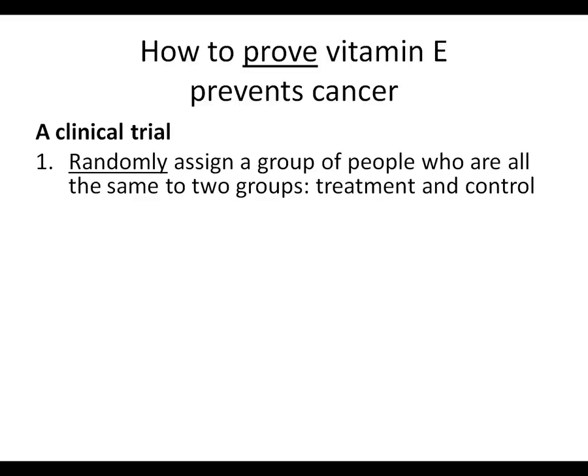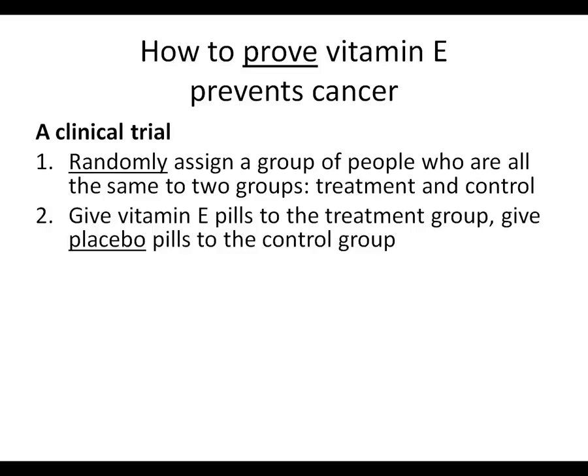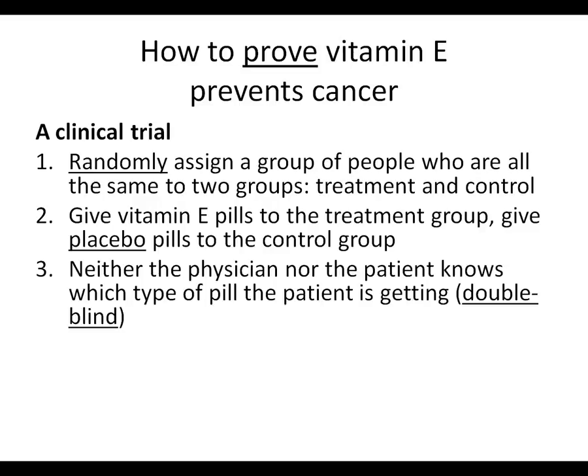So after you've split them up into groups, to prove that vitamin E prevents cancer, the treatment group would get vitamin E pills, and the control group would be given placebo pills.